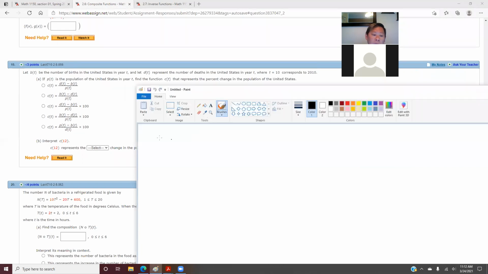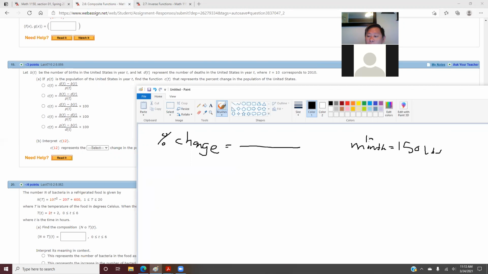Now, do you know what the percent change formula is? Nope. So let's say you're talking about your weight. Let's say last month you weighed yourself and it was, I don't know, 150 pounds.